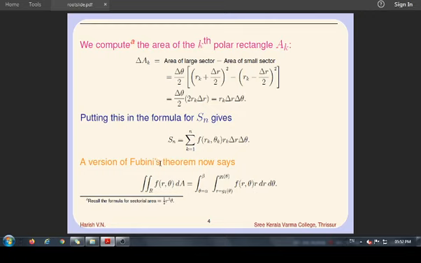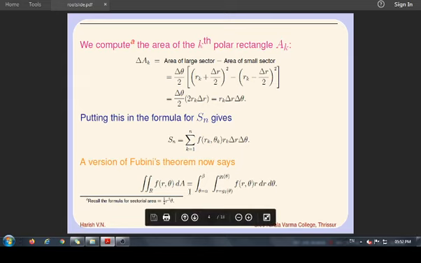Now we are going to use Fubini's theorem in polar form, which I have not stated formally. Roughly it says this: the double integral over a polar region can be evaluated in terms of iterated integrals. First is integration with respect to r, then integration with respect to theta.